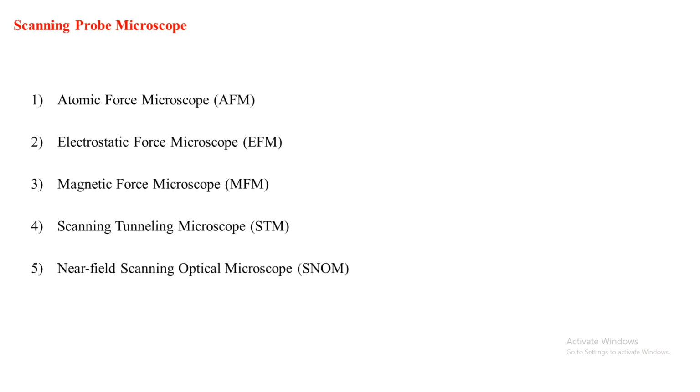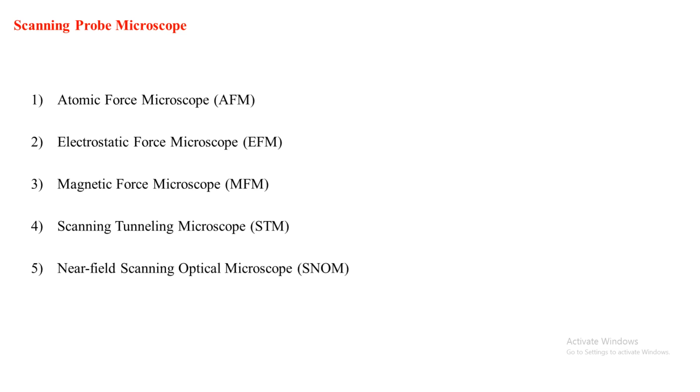Generally, scanning tunneling microscopes come in the family of scanning probe microscopes. The scanning probe microscopy has mainly five different types of microscopies. The first one is the atomic force microscopy, which we discussed in the last lecture. The second one is electrostatic force microscopy, which is not included in our course.